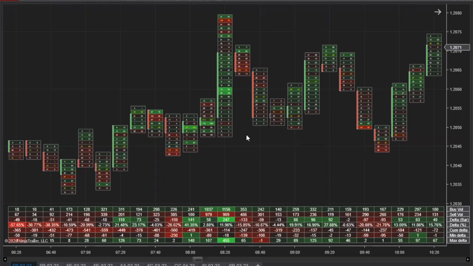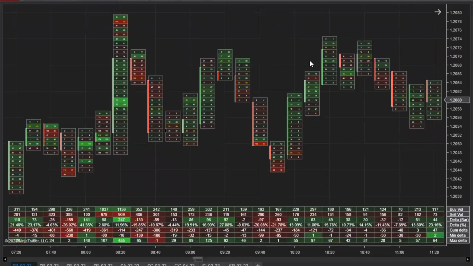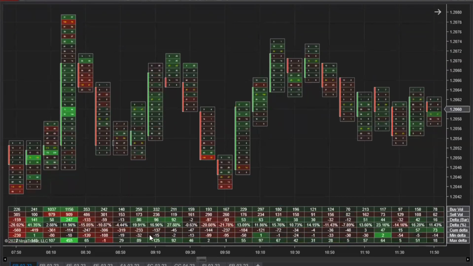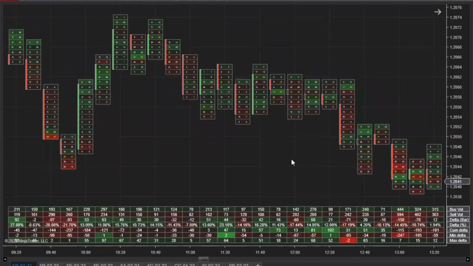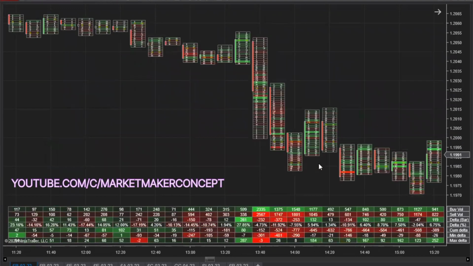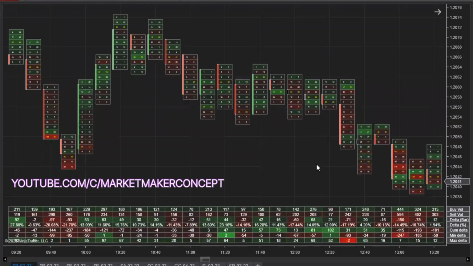So this tells me that a lot of buyers have been trapped, and sellers are actually coming in, and boom, you can see that the price actually sold off around 8:30. So these are the things that we look at. There is more to it, but if you have these two, it will help you in your trading.